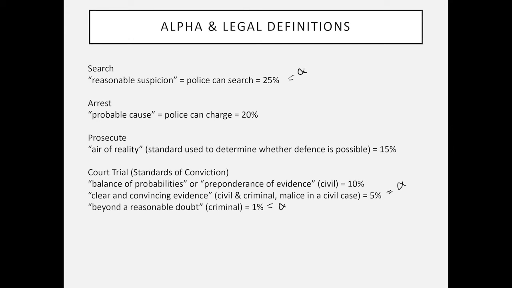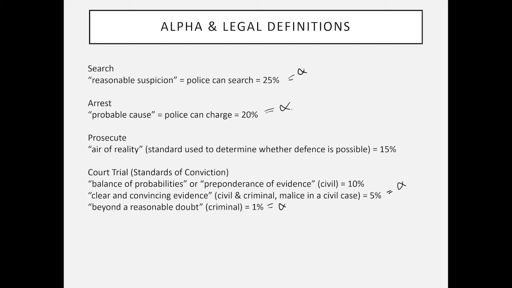Another one that's interesting is that for the police to accuse somebody, they have to have what's called probable cause. That's a relatively weak standard. You can sort of say alpha is equal to 20%. As I say, I invented these terms, and further, the 25%, 20% for alpha and so on. Something else, too, is that I took these definitions in part from Wikipedia and from other sources.